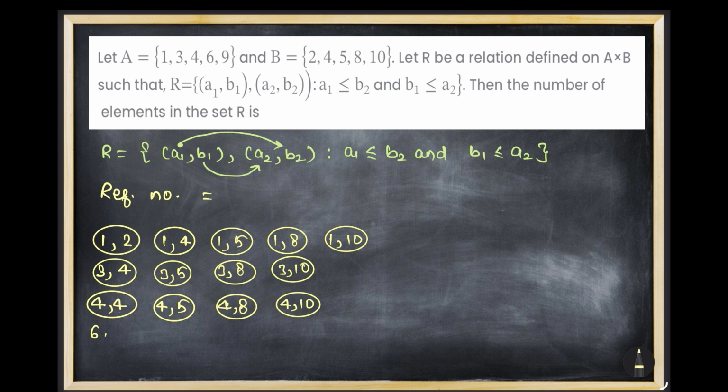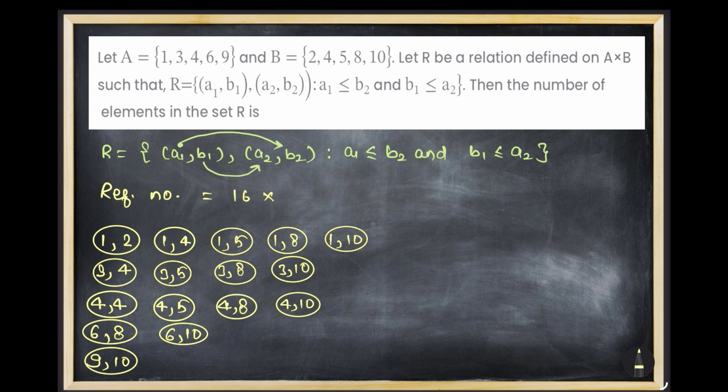Now 6. 6 will be connected with 8 and 10. Then 6 is done. Now we have 9. 9 will be connected with 10. So this many is for a1 smaller than or equal to b2. So we got 5, 10, 15 and 1, 16. So 16.